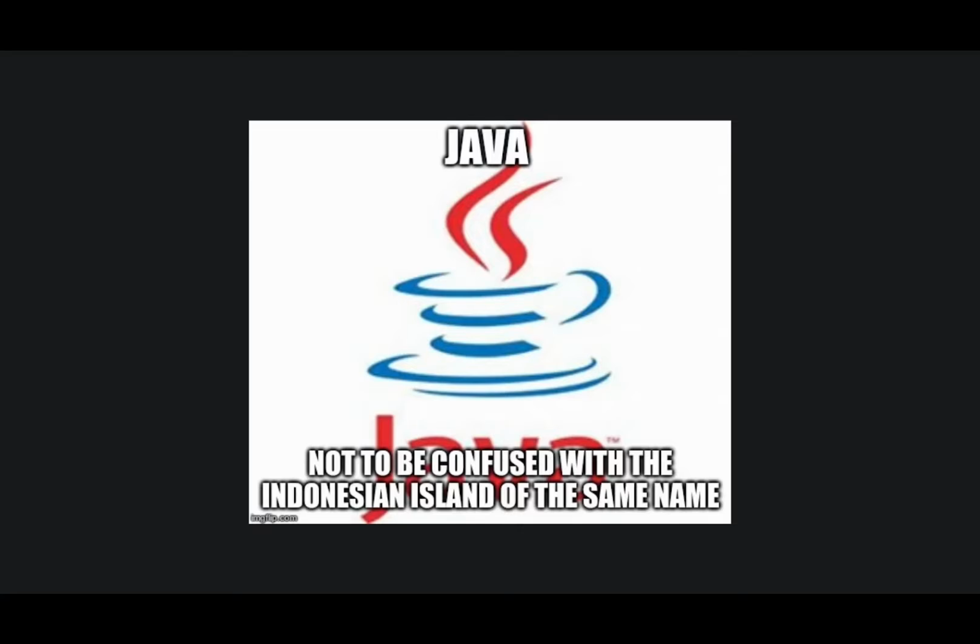And another thing that Java popularized was what's called a bytecode interpreter. And so this is sort of a best of both worlds approach. Instead of writing your code in a high-level language and then interpreting it line by line, what you do is you write your code in a high-level language.